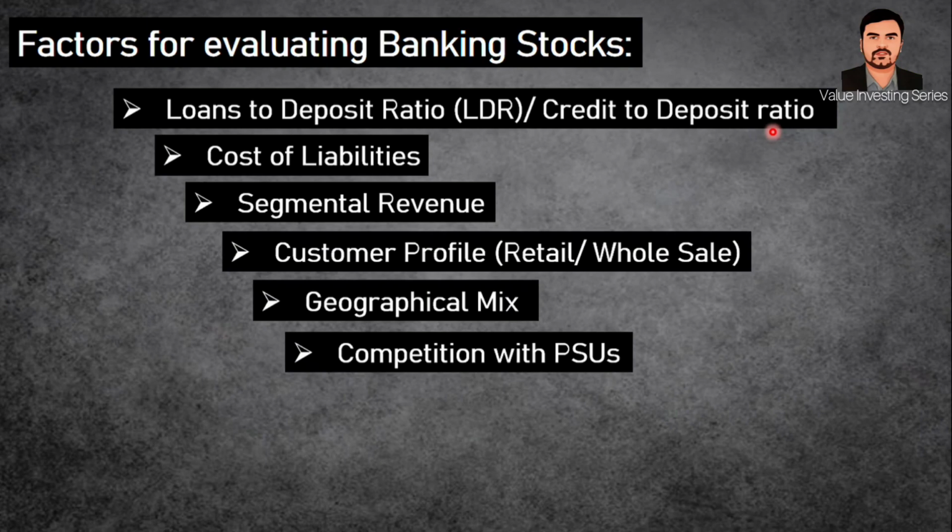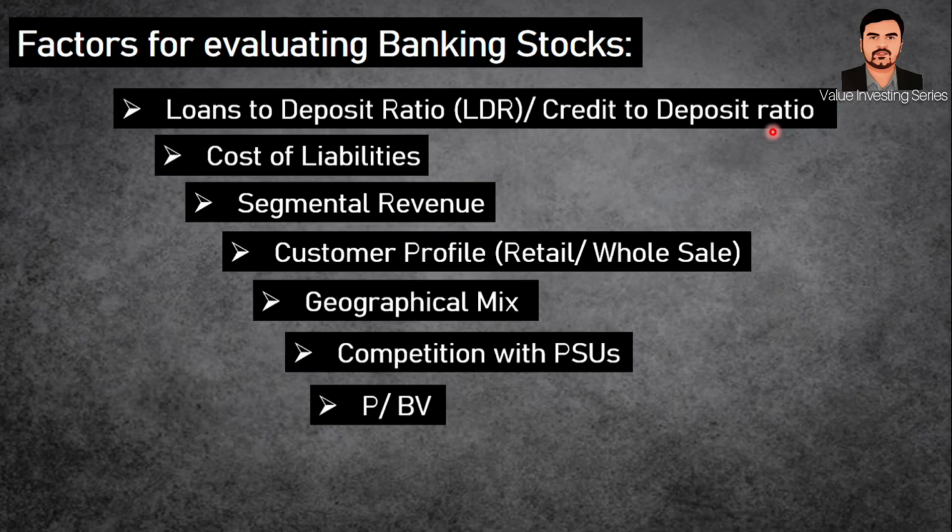If the public banks or PSUs are able to satisfy customers, and they become more privatized in the sense that the way of working becomes more sincere and more customer friendly, then investors or depositors in the private banks can move to PSUs, which will reduce the CASA ratio of private and commercial banks, and then it will impact their profitability.